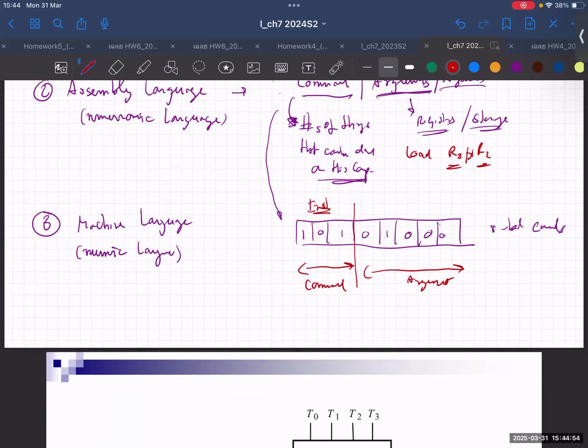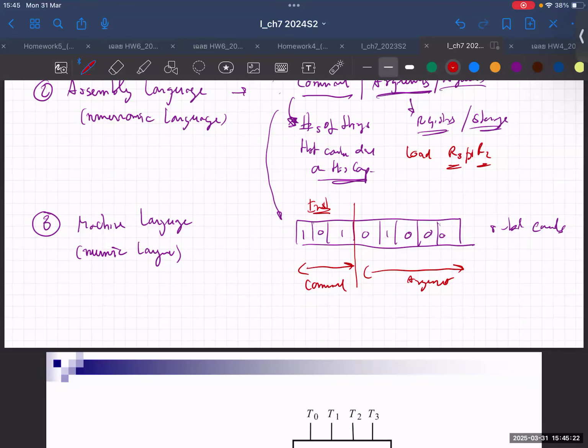And the argument as well, because if you have 20 registers, how many bits do you need to identify each register? 5 bits, right? 2 to the 5 is 32, but 2 to the 4 is just 16. If you have 20, then 4 bits is not enough to identify all of them, right? Then you need 5 bits to identify each register.